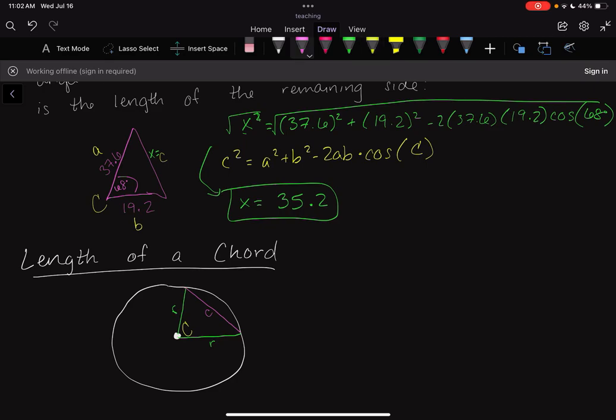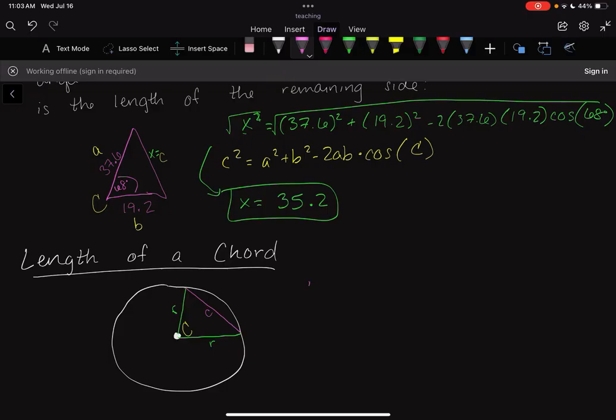So if I know angle C and I know my radius, let's say I know those things and I want to find how long the chord is, I can use law of cosines to help me with this.